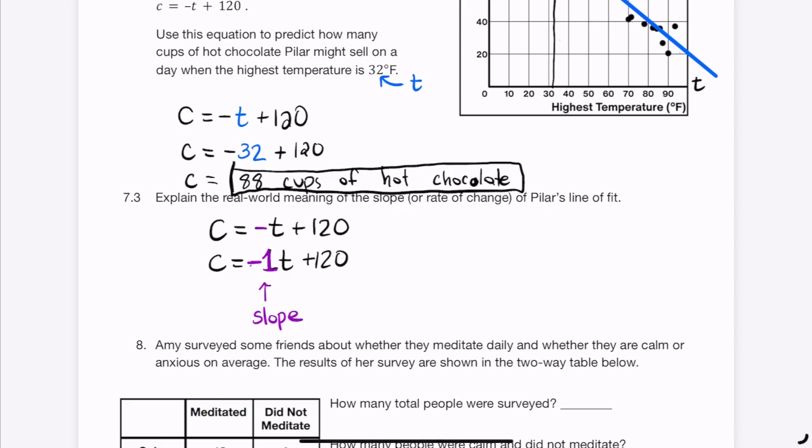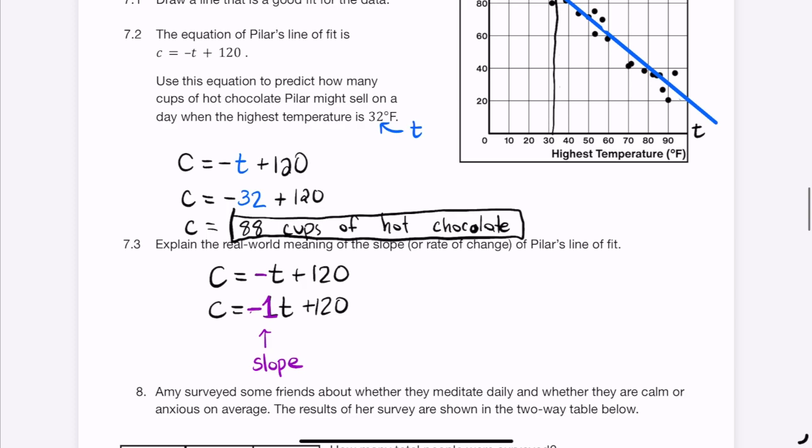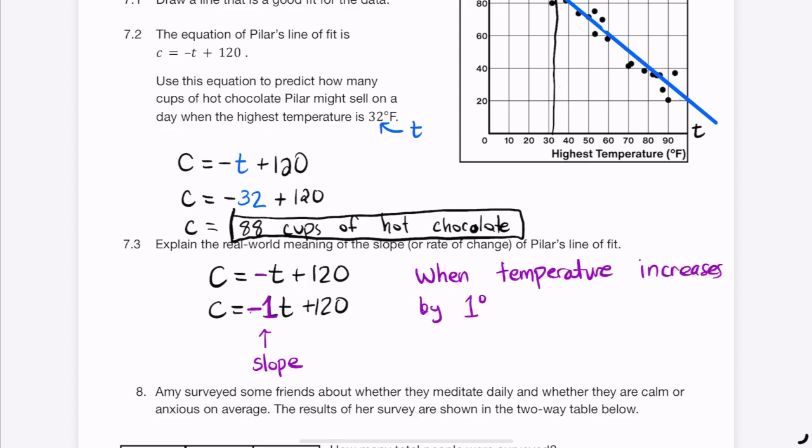Right, and then we just have to explain what that means. The slope or the rate of change is saying when x increases by 1, this is how the y is increasing or decreasing by. So in this case, we're saying when the temperature is increasing by 1. So when the temperature increases by 1 degree Fahrenheit, the model predicts that, and then is it the y variable?